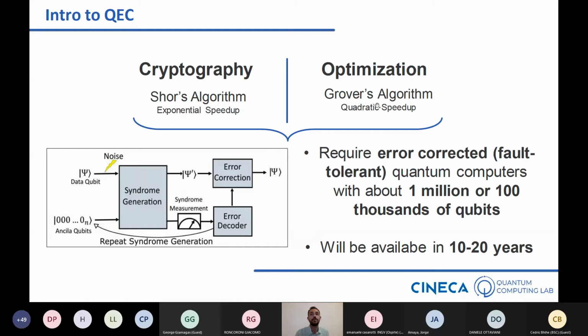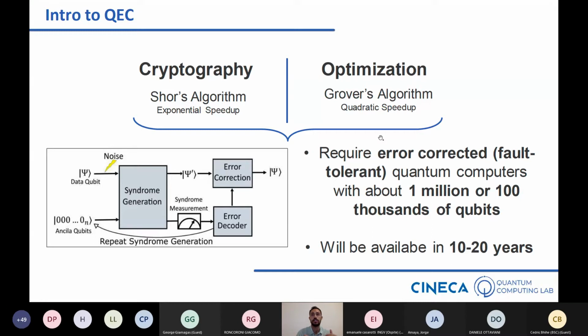Today the focus is on algorithms that may work with computers that are not error corrected, but which do not have a strong mathematical proof of their speedup or performance.